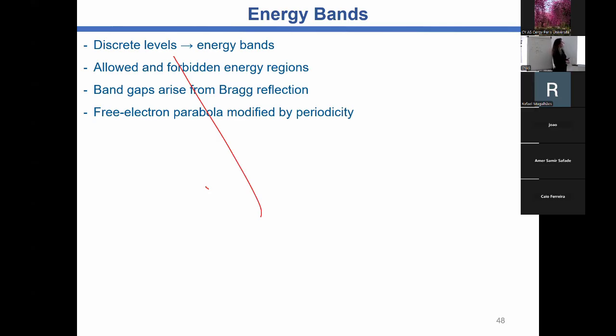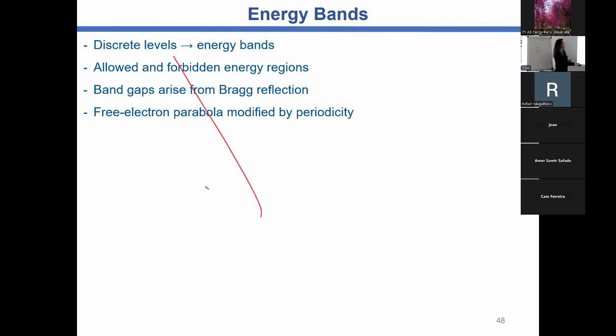And we use this system to describe and to construct the interfaces that are mandatory for the device operation.